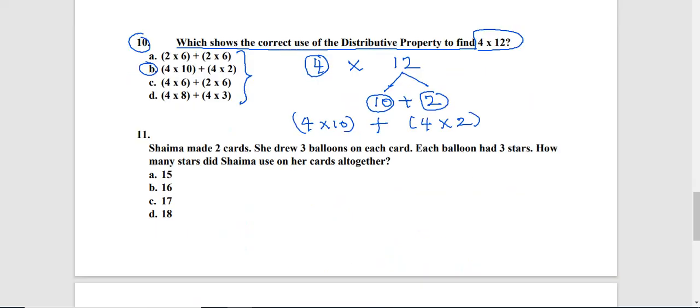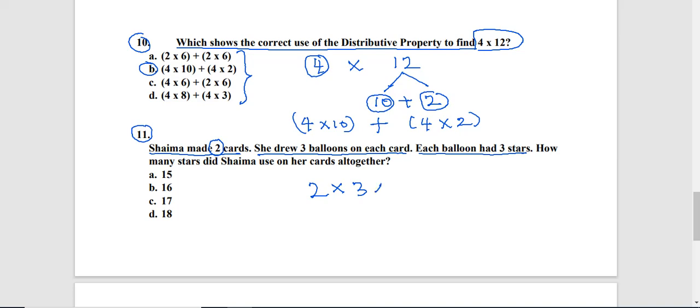Question number 11. Shaima made 2 cards. She drew 3 balloons on each card. So if there are 2 cards, that will be a total of 2 multiplied by 3. Now, each balloon again had 3 stars.